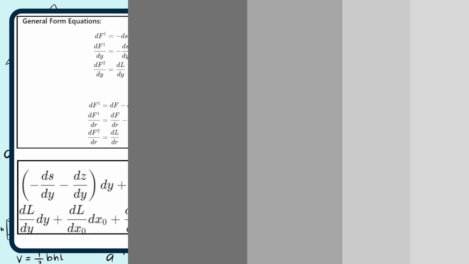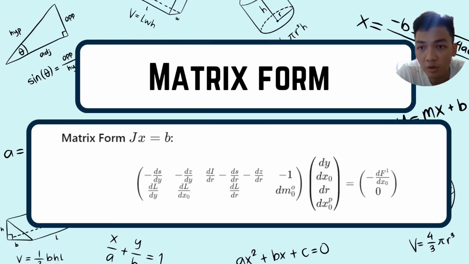The matrix form is Jx equals b. Left matrix J represents the coefficients of the system of equations. Each entry corresponds to the partial derivatives of the constants from the original equation.